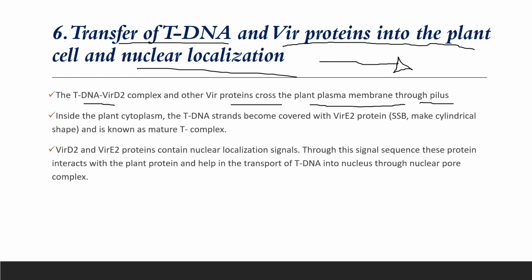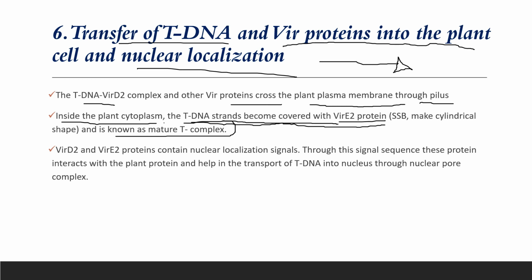So they now move into the plant cells, crossing the plasma membrane through the pilus. Also, inside the plant cytoplasm, the tDNA strand becomes covered with VirE2 protein. And it is now known as the mature T complex.